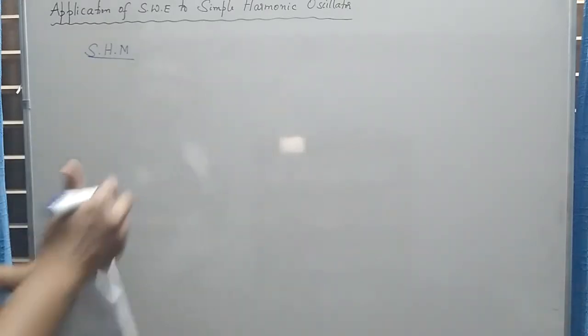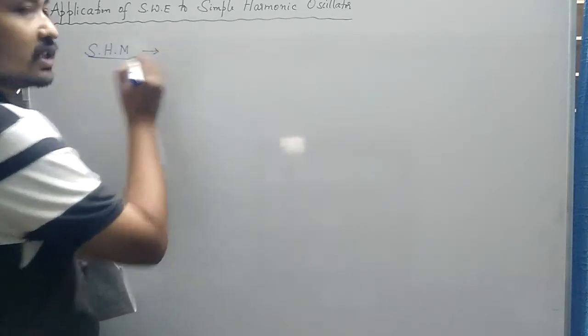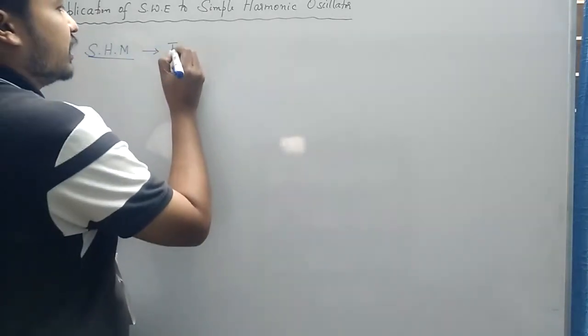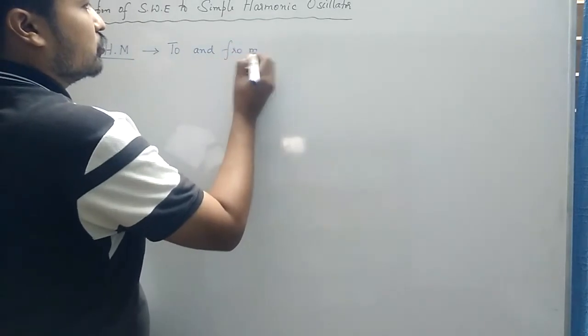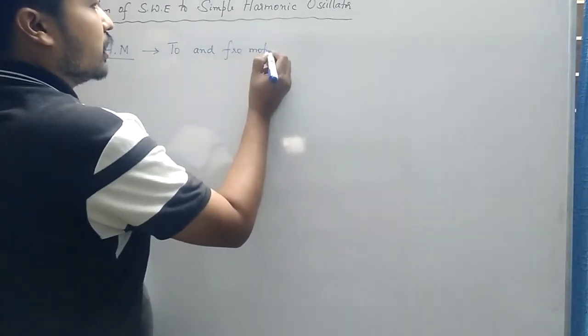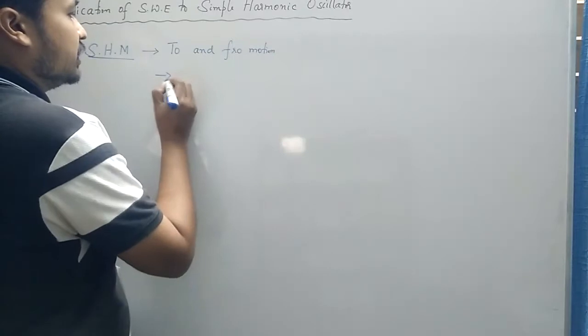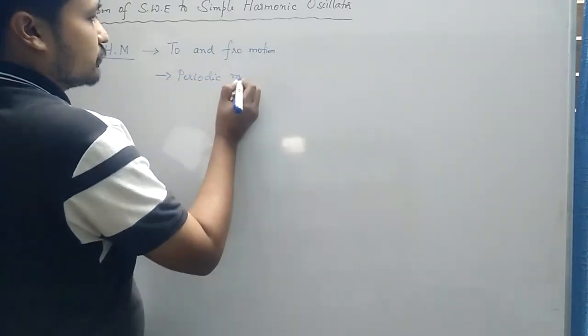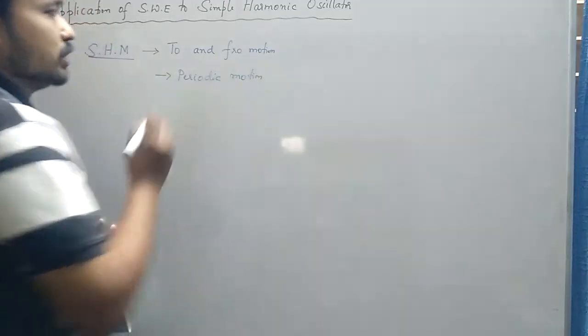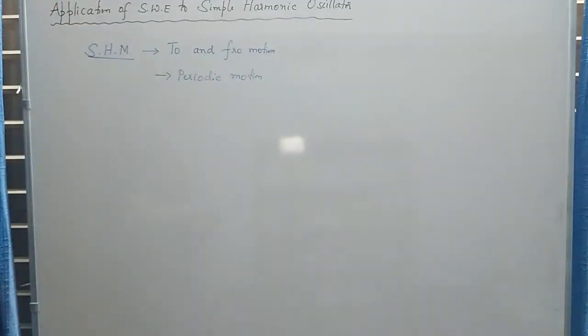So what is simple harmonic motion? It has certain characteristics. It is a to and fro motion, and it is a periodic motion.